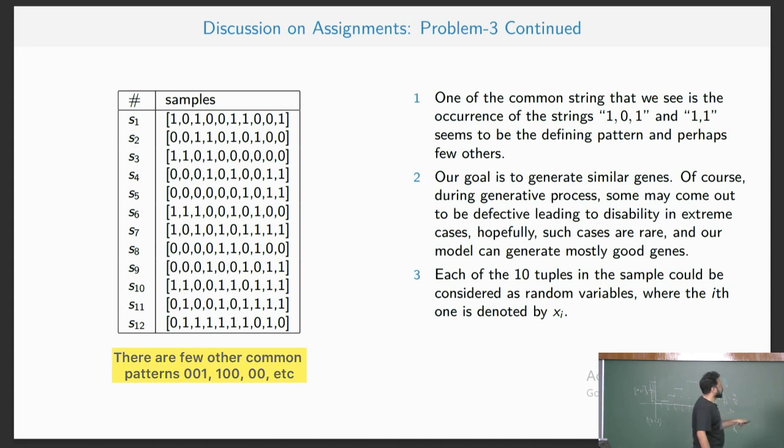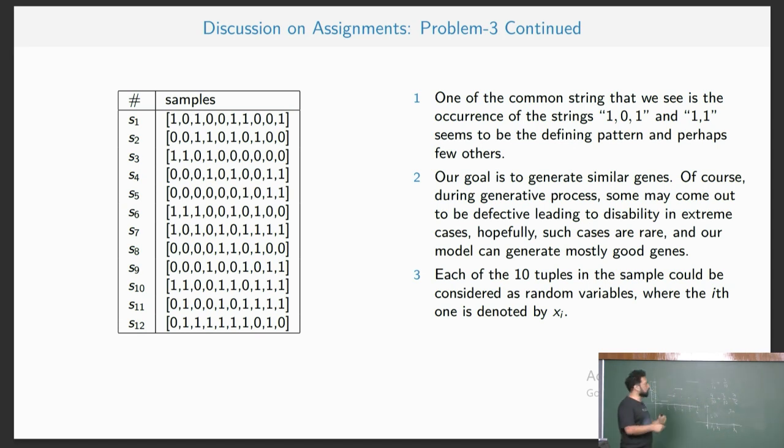Our goal is to generate similar ones. Of course, during the generative process, some may come out defective. That is the nature of a generative model: there is a likelihood, because at the end of the day we are only dealing with probability. Nature doesn't ensure everything for sure. This is why you see birth defects and things like that.